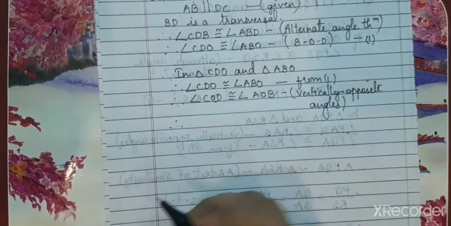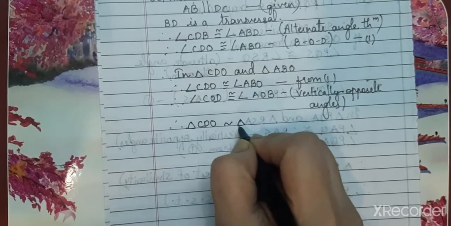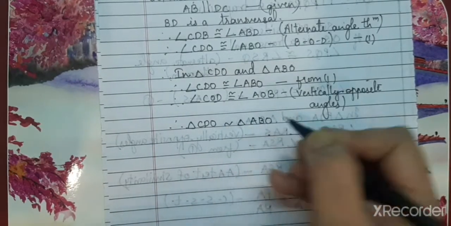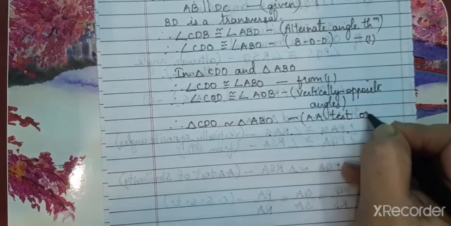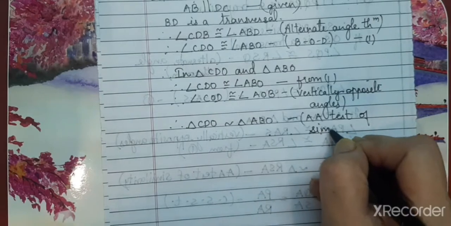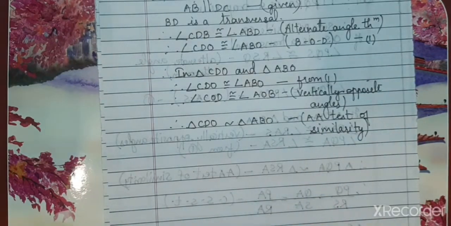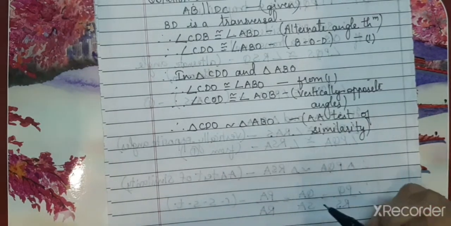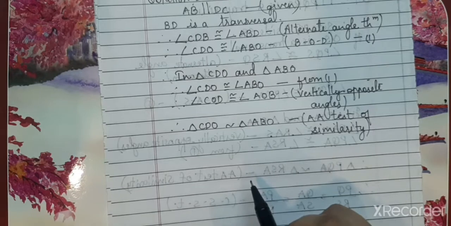Therefore, we can write triangle CDO is similar to triangle ABO by the AA test of similarity. Once you prove by a test of similarity, we can write the sides are in proportion.